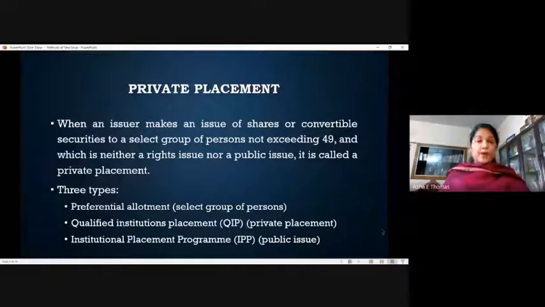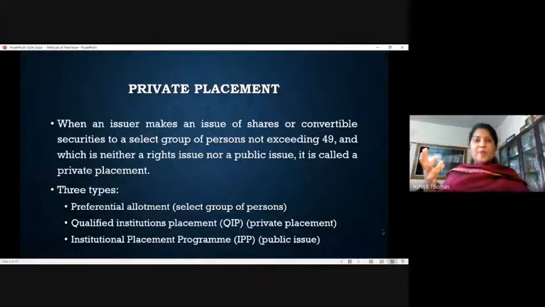It's not a purely private placement offered to a specific group, but it includes a larger denomination. That's the basic difference between QIP and IPP. QIP comes with a pure private placement, offered to a particular group of institutional investors, and the institutional placement program is more or less like a public issue.